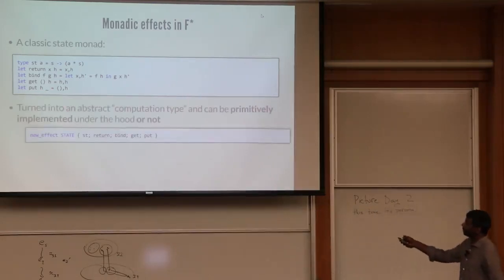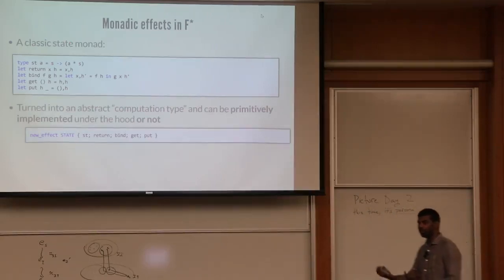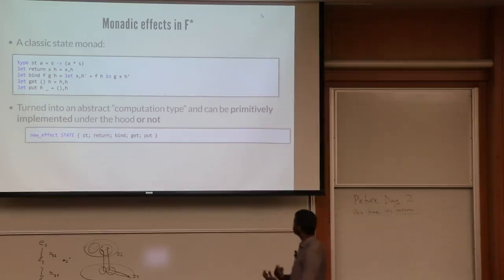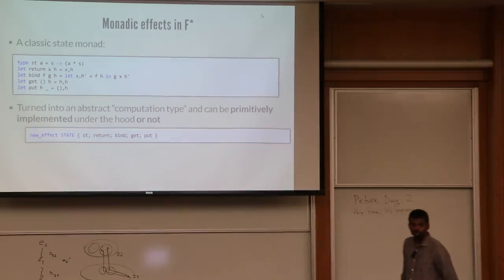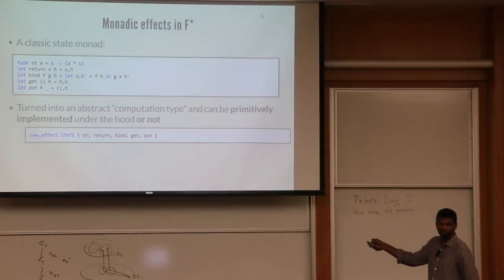And so you write a state monad like this, and you want to turn it in F* into a computation type that lets you program with state primitively. You don't necessarily want to execute your programs this way. You want to run against, let's say, a primitive heap, as opposed to just threading state values. So to do that, you say, hey, I want a new effect, state.